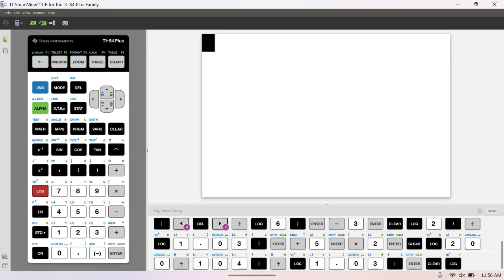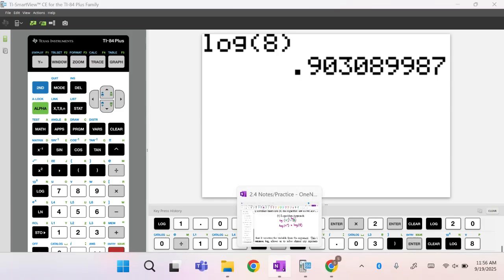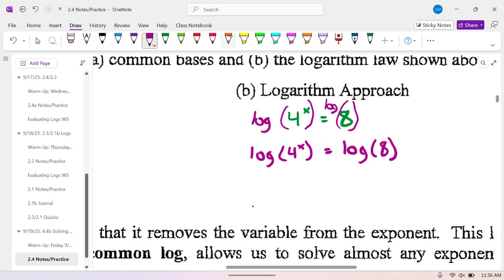If I actually hit the log key of 8, I get a number. It's just terrible looking. So just remember, when you see log and then just some number with no variable, it's a number. The reason I say that is because it will come into play with our next step. So just remember this is a number.